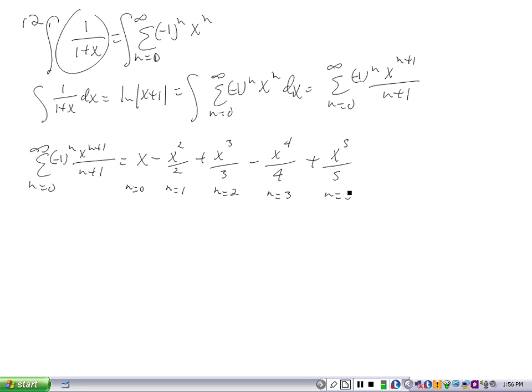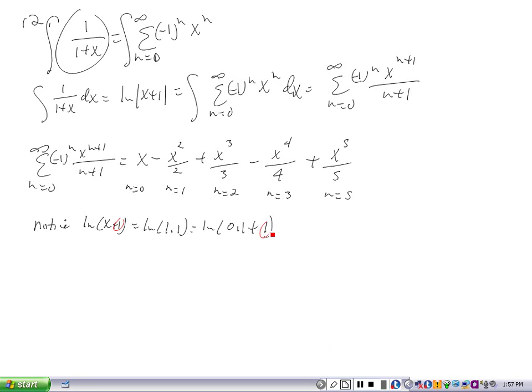Notice that you had the natural log of x plus 1, and I want this to equal the natural log of 1.1. Let me write it the way it's given: this would be 0.1 plus 1.